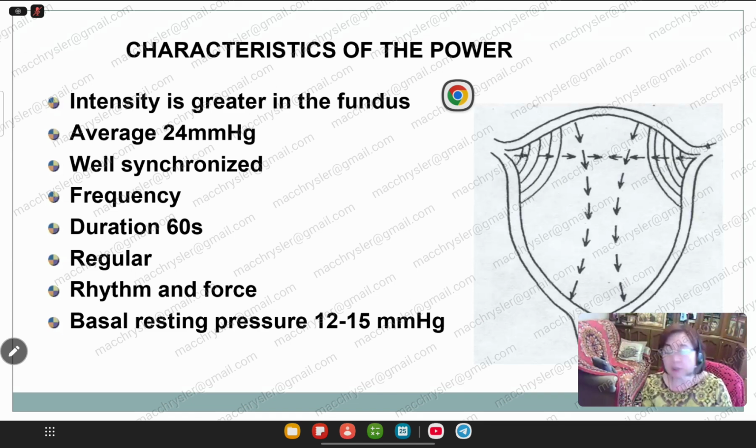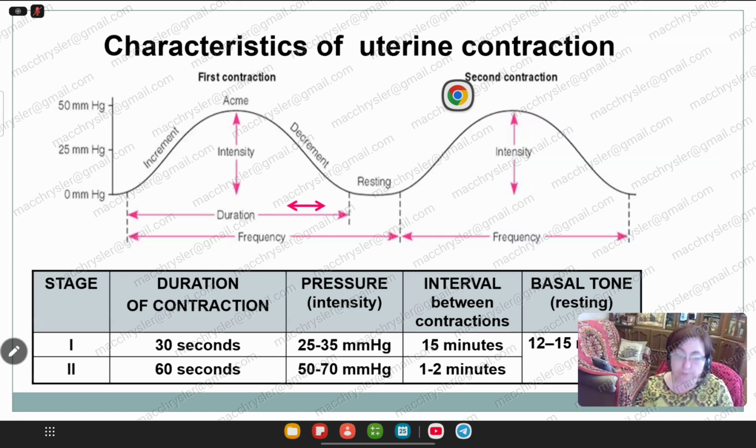Another thing: contractions need to be regular, and the rate and force of contraction need to be adequate. Basal resting pressure is 12-15 millimeters of mercury. Time of resting, as I told, is obligatory, and basal tonus in that period is still present, around 12-15 millimeters of mercury.